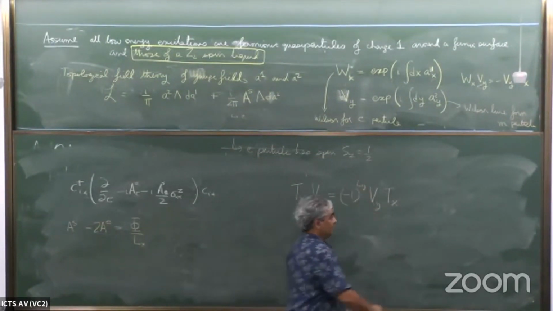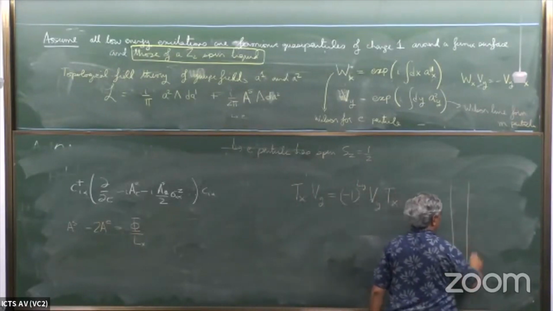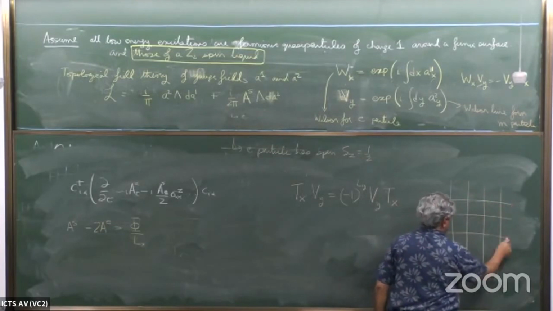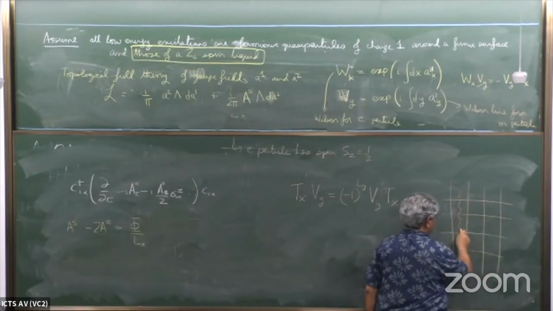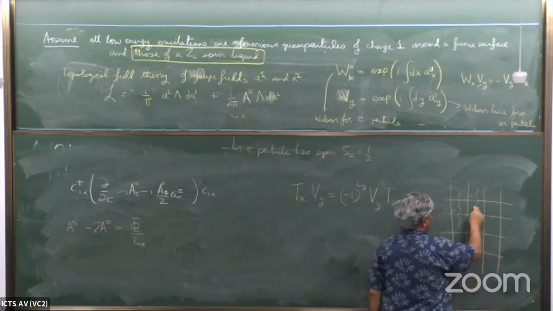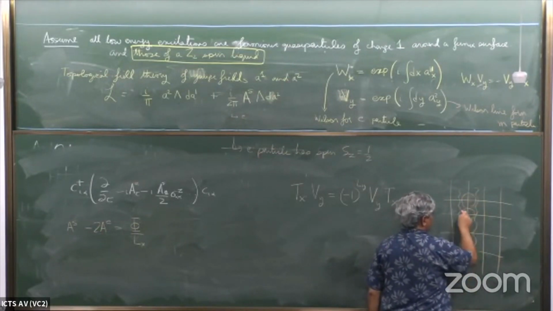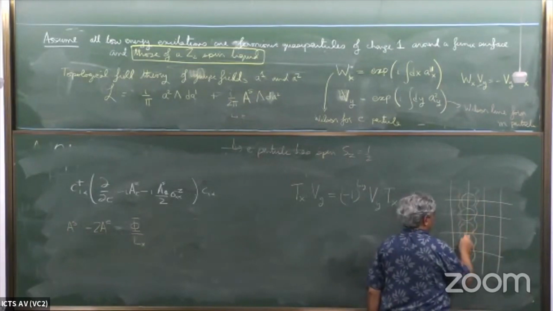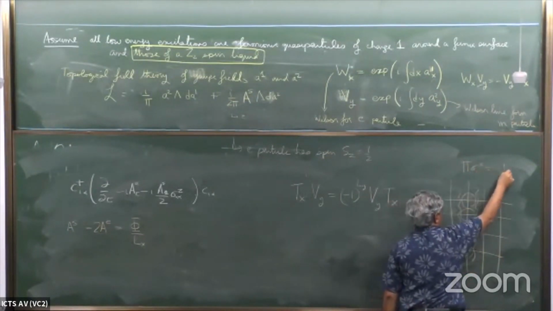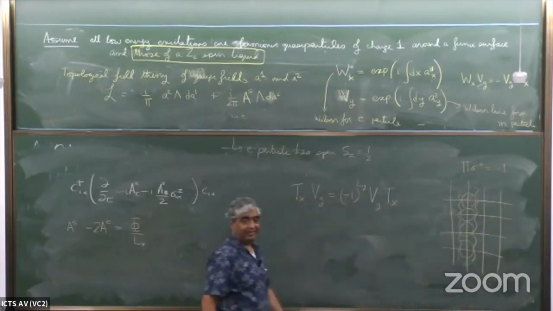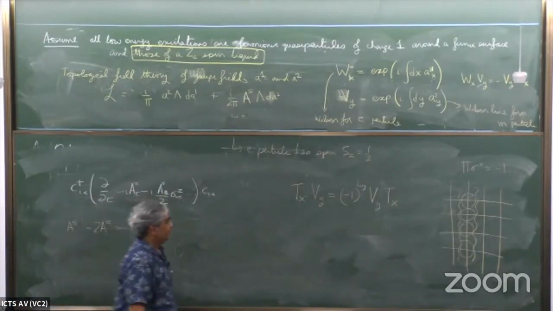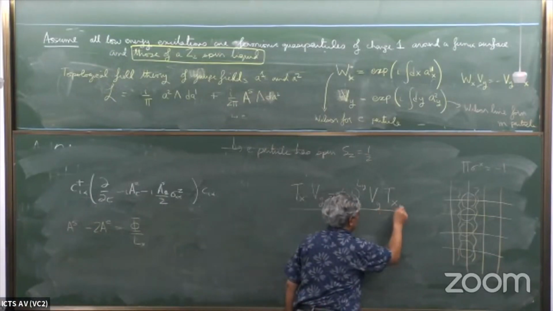If you remember where this came from, Vy was a product of sigma x operators on these links, and you moved it over here, and you end up getting the product of sigma x operators on these sides. And then you had the relation that the product of sigma x on each side was -1 from the constraint that you have one particle per site for the odd Z2 spin liquid. So this is exactly what we need here.